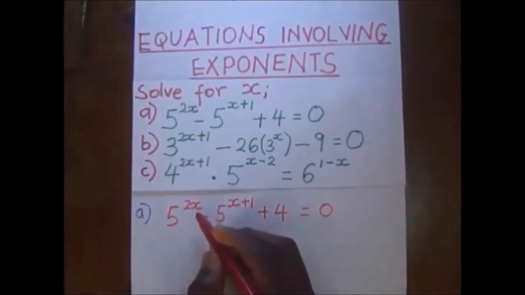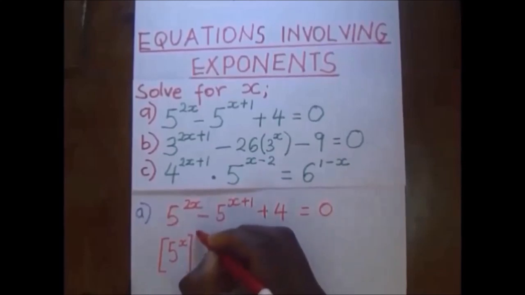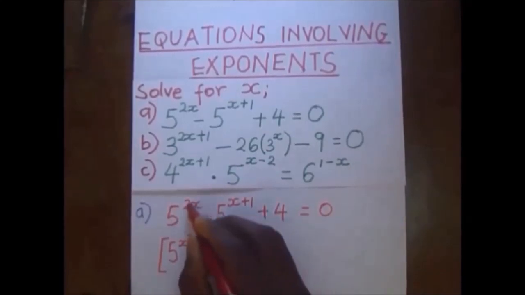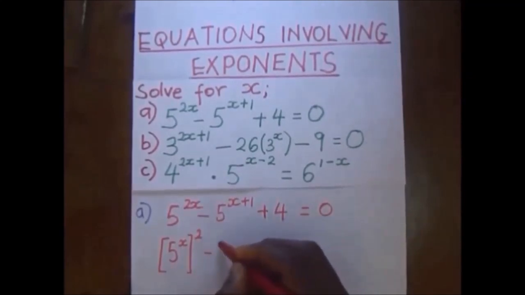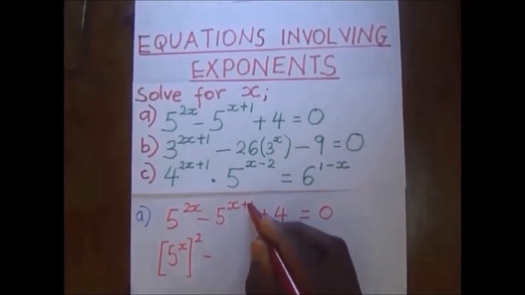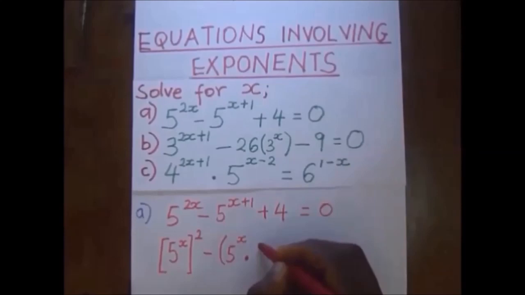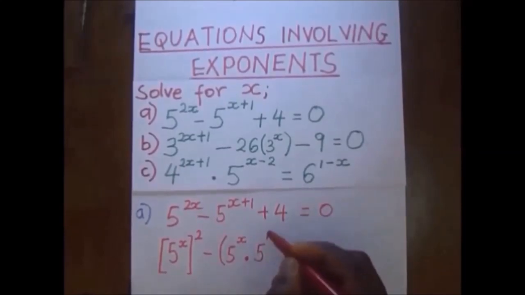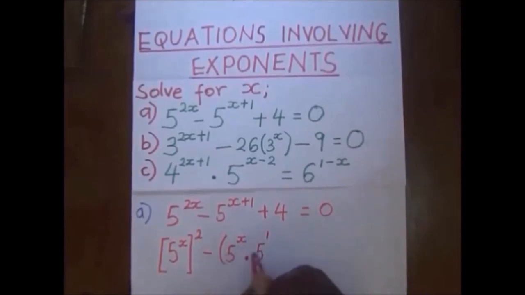5 to the power 2x is the same as saying 5 to the power x, to the power 2, because 2 times x is 2x. That is coming from our laws of indices. Minus 5 to the power x plus 1 came from 5 to the power x multiplied by 5 to the power 1, because when you multiply 5 to the power x times 5 to the power 1, the base is the same, so the powers were added.